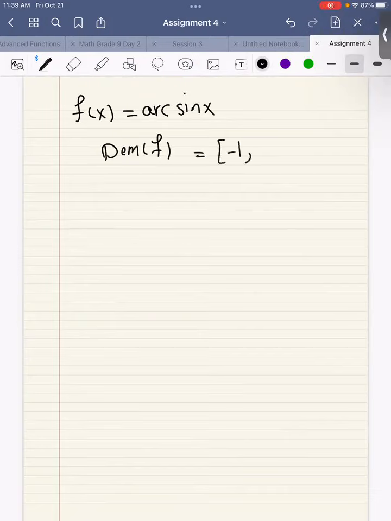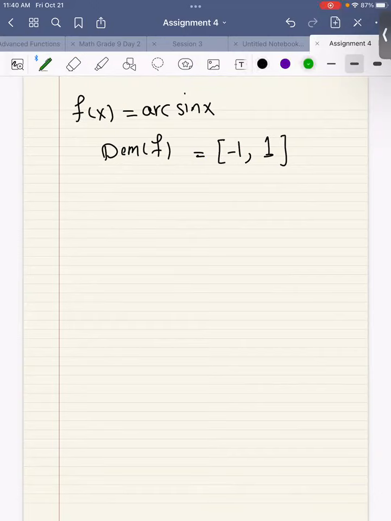Is between -1 and 1, right? Because sine is always between -1 and 1. So you cannot have arcsine of 2 or arcsine of -10. It doesn't make sense. Okay, so the domain of the original arcsine is between -1 and 1.